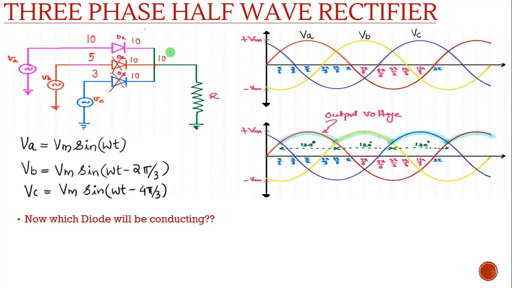So this is the rule of thumb for the working of a 3-phase rectifier. Understood? This is a very important point. In which phase maximum voltage is there, that particular diode will be conducting.